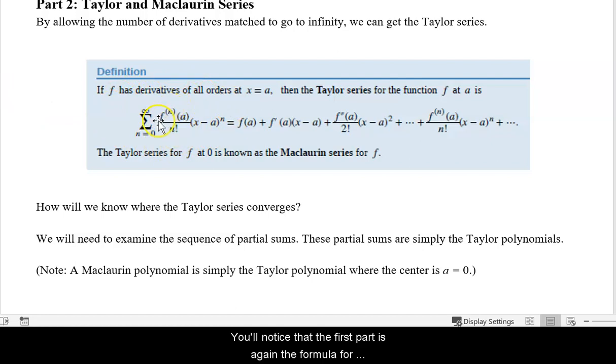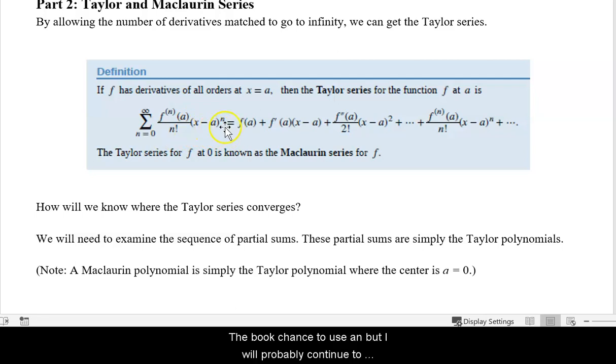You'll notice that the first part is again the formula for getting the coefficient, the kth derivative at the center divided by k factorial. Then it's multiplied by the binomial factor x minus the center raised to the kth power.